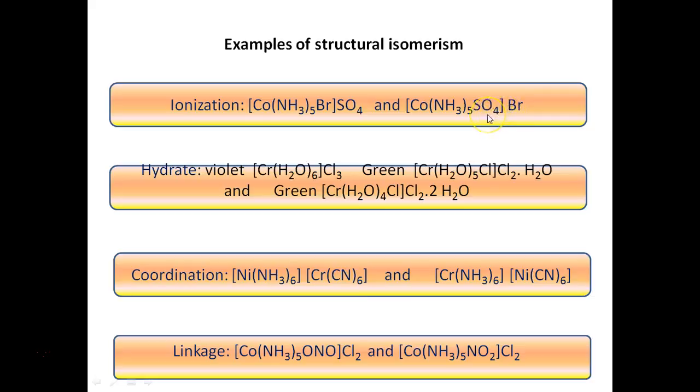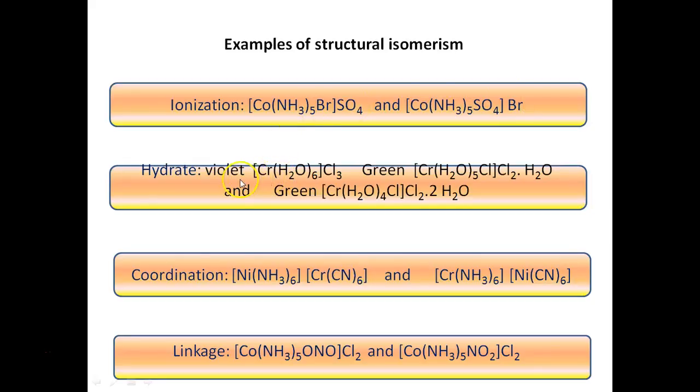Sulfate ion enters into the first coordination sphere and bromide ion goes outside the first sphere. So when they are dissolved in water or any other suitable solvent, in this case it will produce sulfate ion, whereas in this case it will produce bromide ion. So I think this is clear.